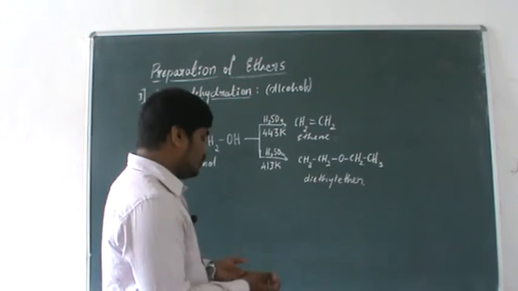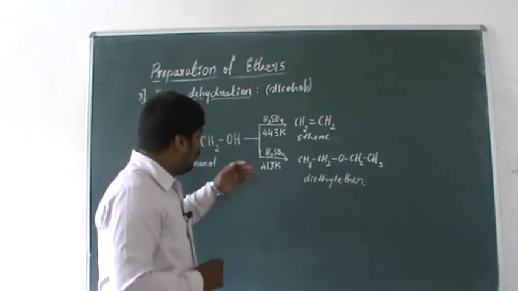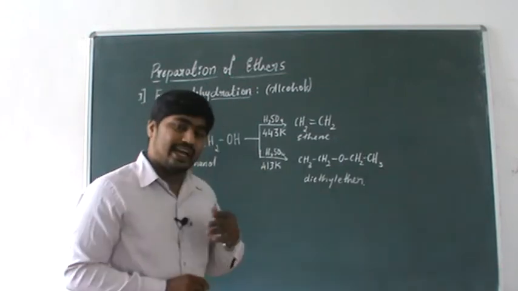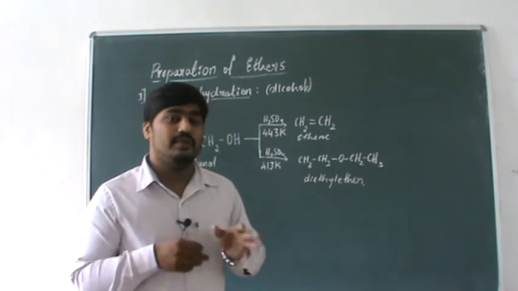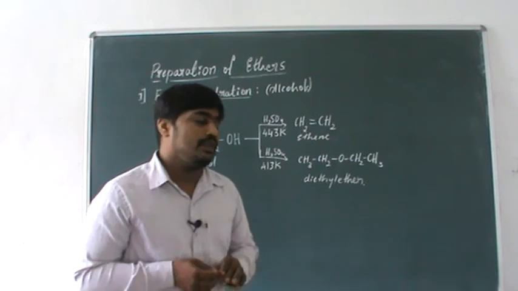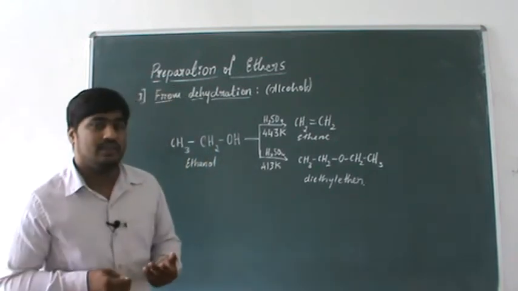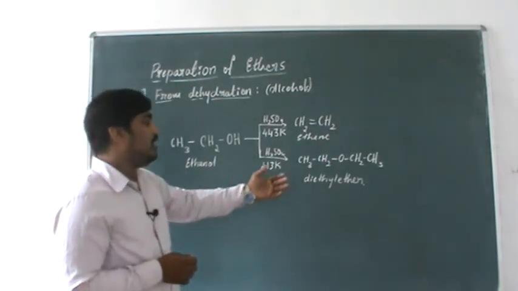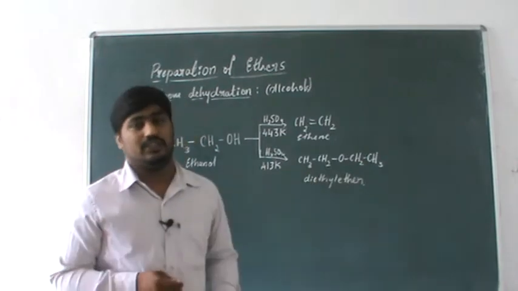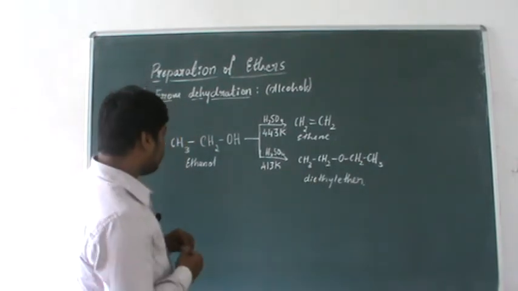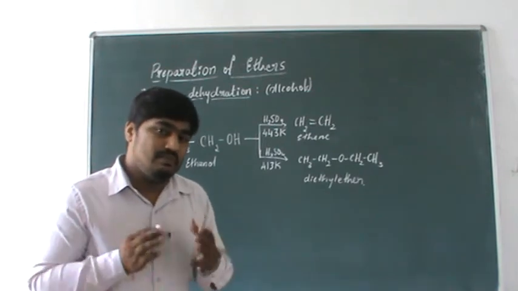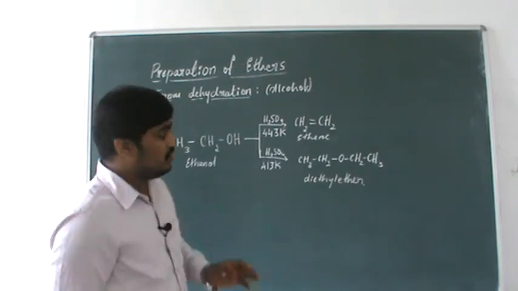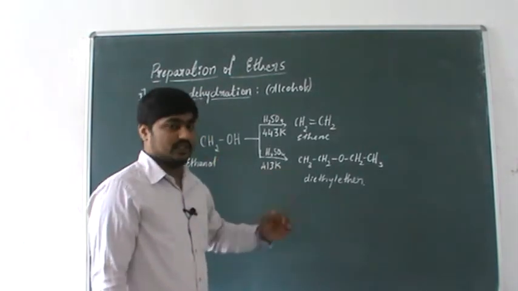Then the question arises, does it produce only diethyl or dialkyl ether? Yes, mainly it produces dialkyl ether, and the production of other types of ether is a little bit difficult because it follows some mechanism and some important things are involved under this process.